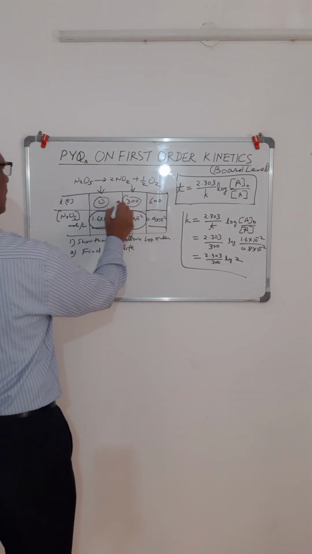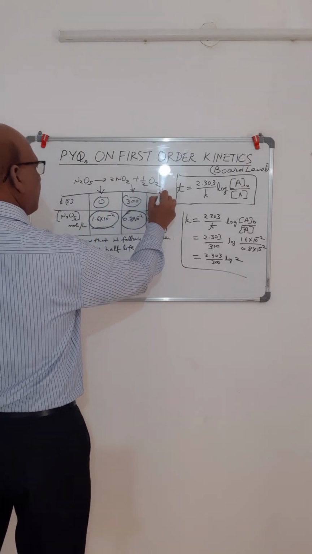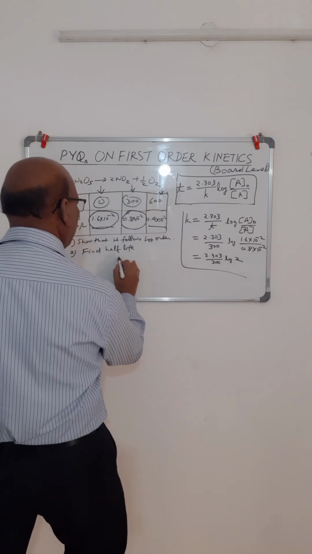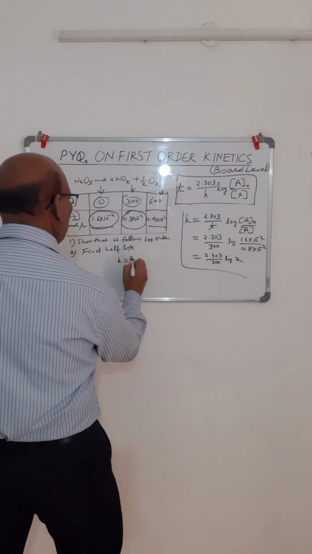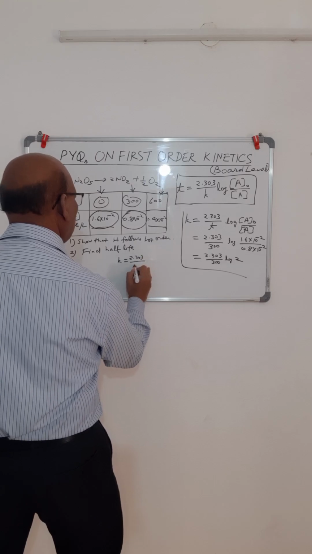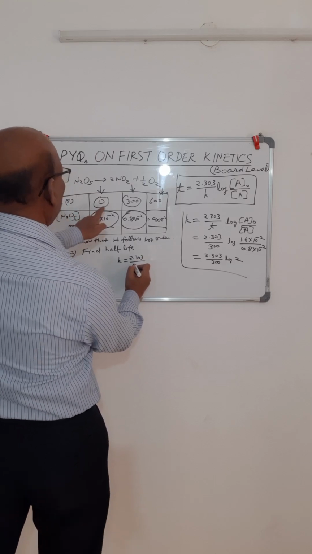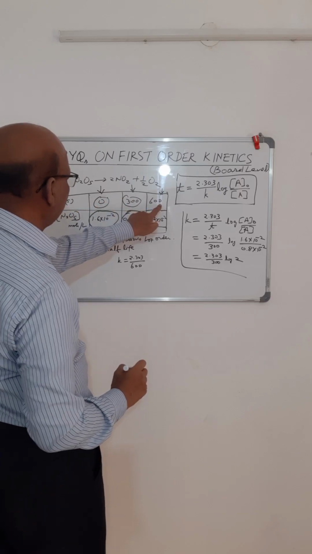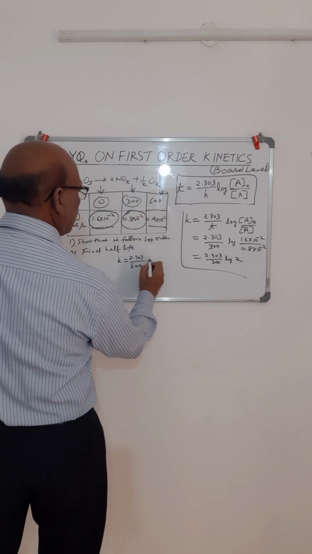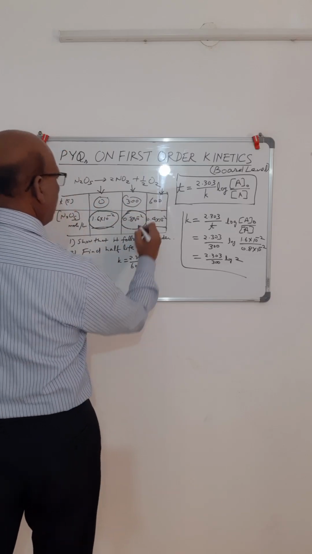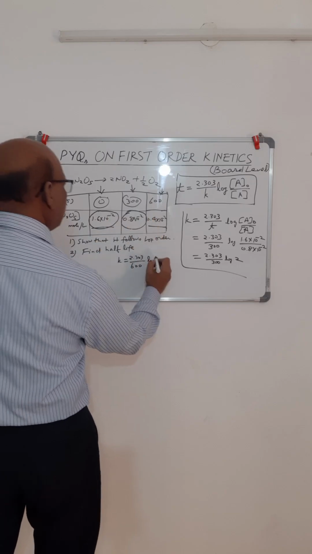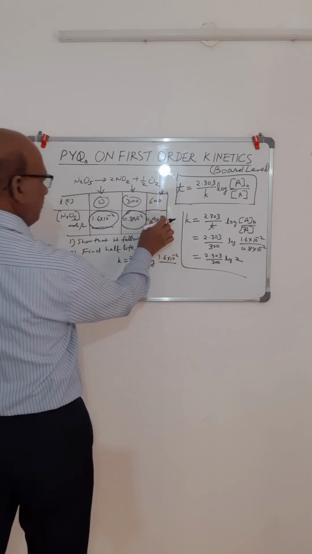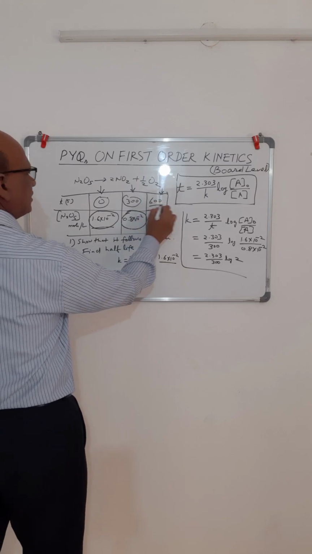Now we will use this and this, first and third data. Again we will find the value of k, that will be 2.303 upon time. Now the time is 600 seconds, from here to here it is 600 seconds, into log of this 1.6, that is initial concentration will remain same, divided by remaining concentration after 600 seconds.